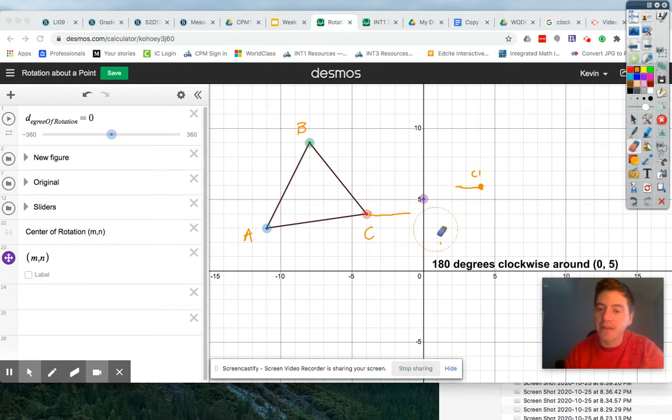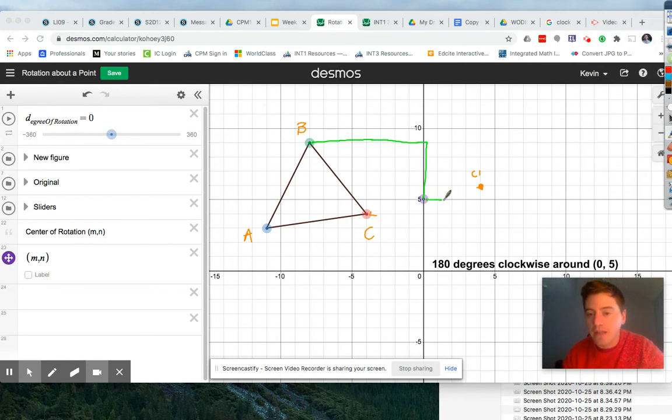Okay, get rid of my guiding. And then do it again. So I'm going to make horizontal and vertical to B. Turn it 180. Again, it doesn't matter which direction since it's 180.